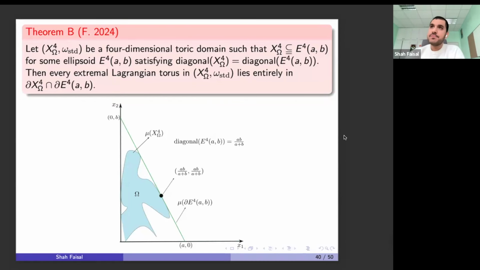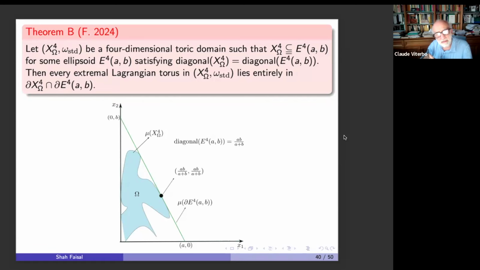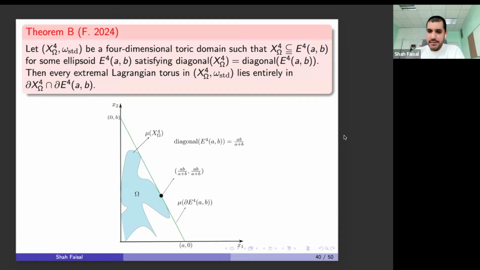For example, in dimension 6, maybe if you take S1 times S2, what is the maximal symplectic area of such an embedding? Is it always the case that it's less or equal to 1/3, which is with respect to the Lagrangian?